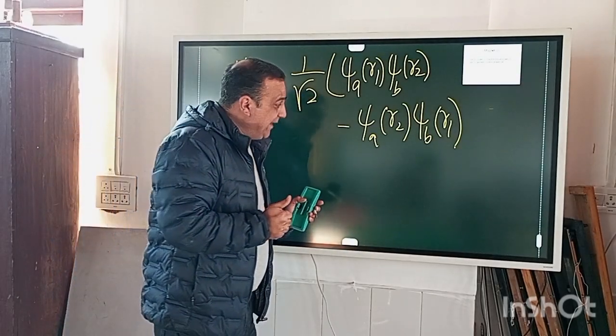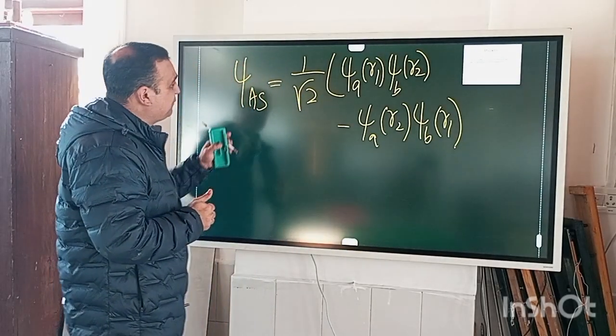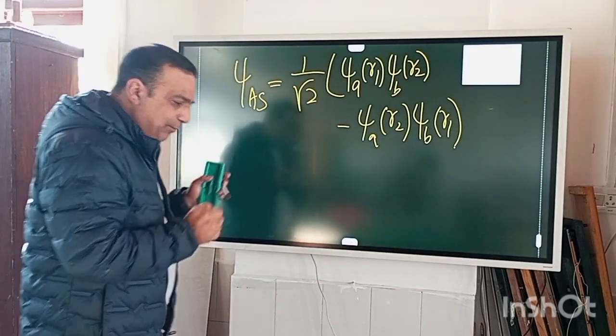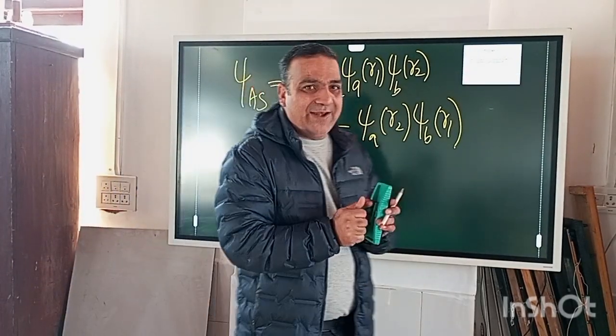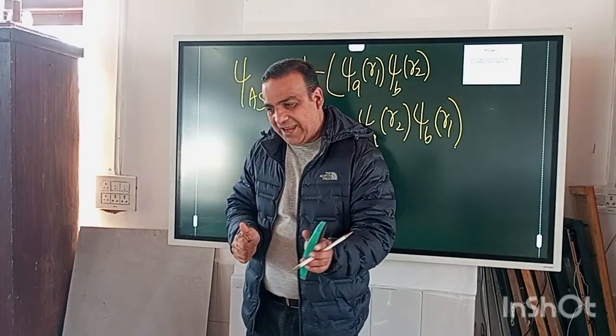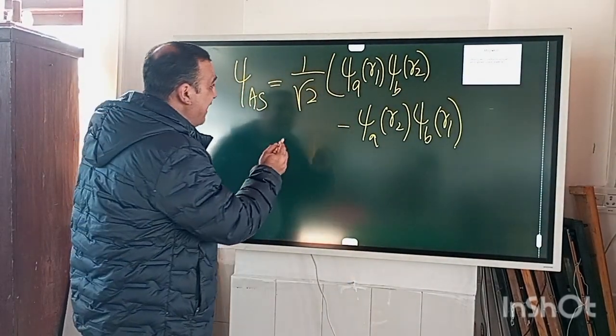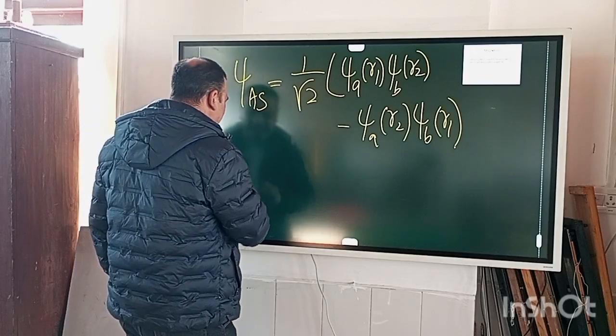And how can we demonstrate this from this equation? Now, if I assume that both the particles, the particle 1 and particle 2, are accommodated by the same quantum state, then what will be psi as?